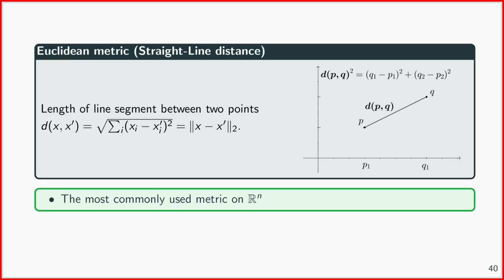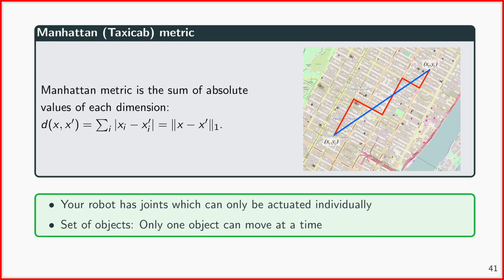However, sometimes you want to choose different metrics. One also famous metric is this Manhattan metric, where you basically take the sum of absolute values of each dimension, which means you just sum up over all the dimensions and you just take the absolute value. And what this represents is really like this zigzag motion.